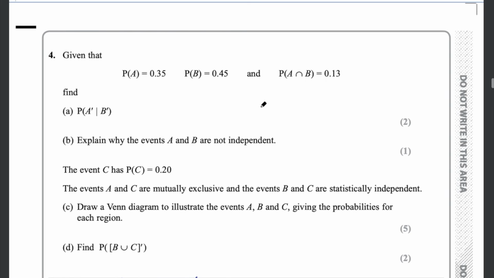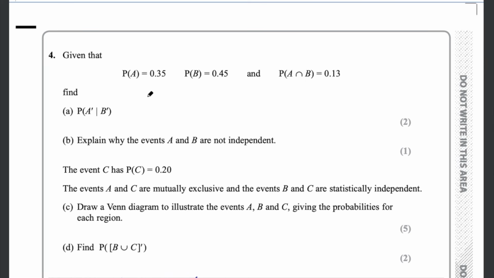Also, for independent events, the probability of A intersect B should be the probability of A multiplied by the probability of B. So there's a couple things we could do, and you need to pick one method and be able to show why they're not independent.